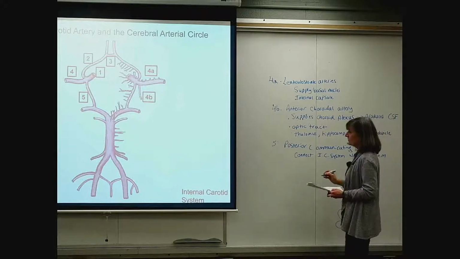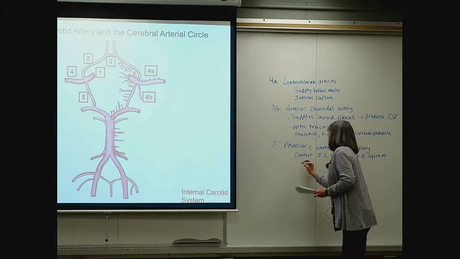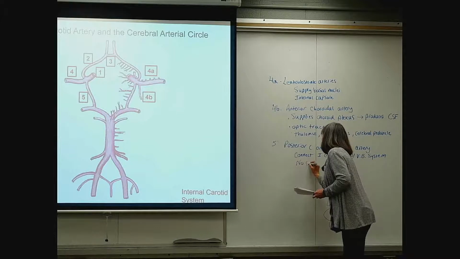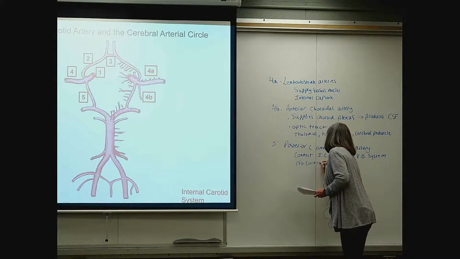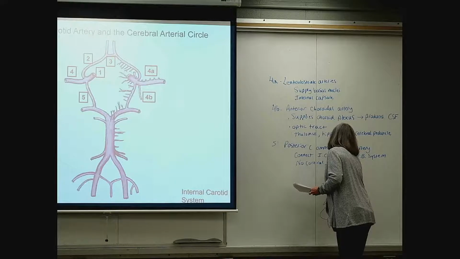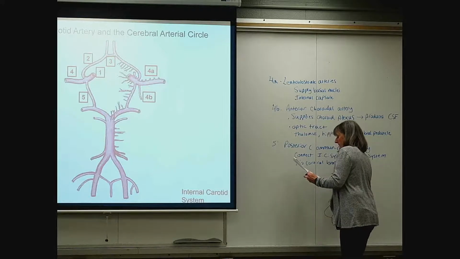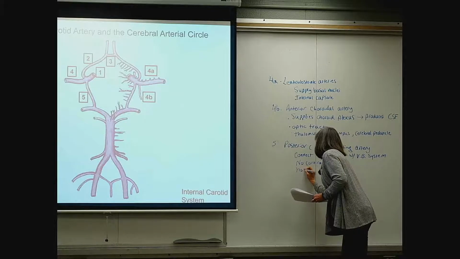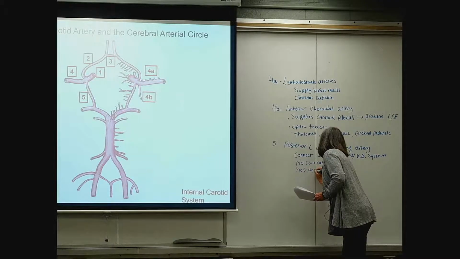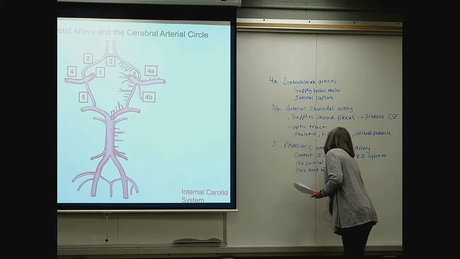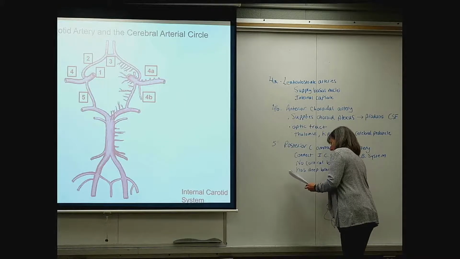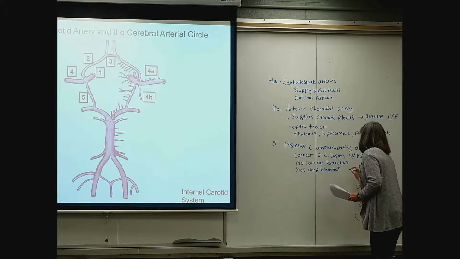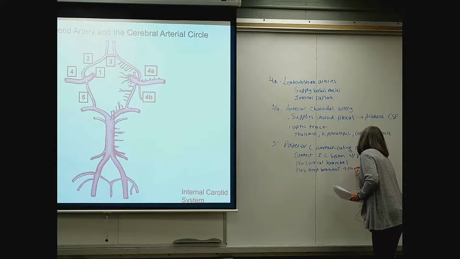This posterior communicating artery does not have any cortical branches. It does have some deep branches that supply parts of the thalamus and hypothalamus.